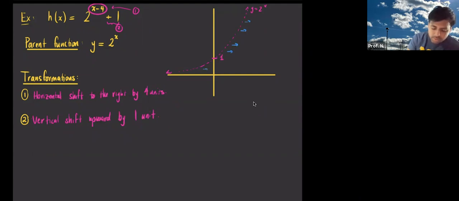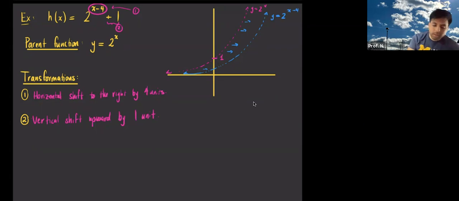So the blue one here, I'm shifting it over by 4 units. So this is y equals 2 to the x minus 4. And now that I have this blue curve, what am I doing to the blue curve? I am shifting it up by 1.